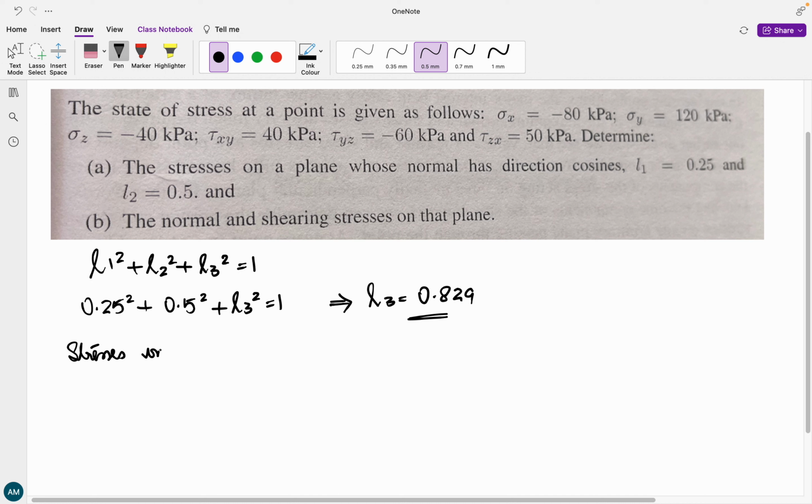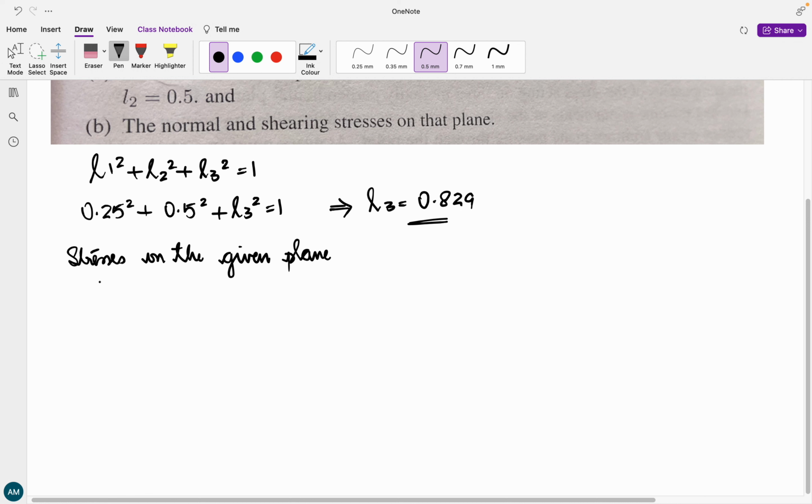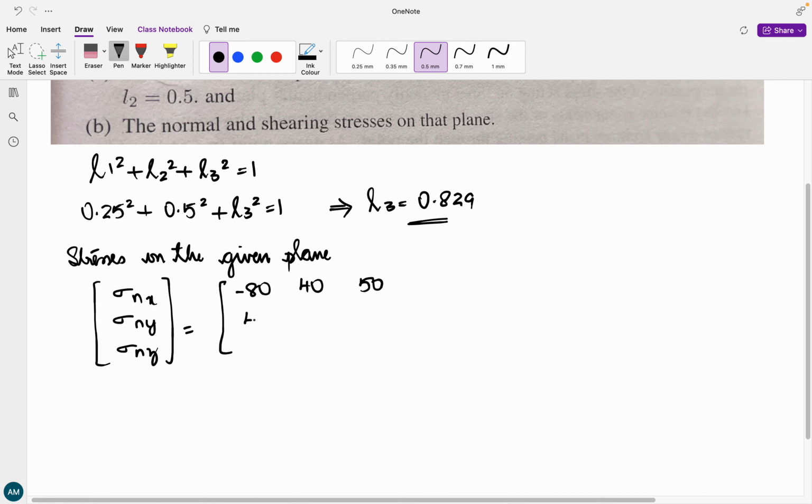the stresses on the given plane. Okay. So, we know that sigma nx, sigma ny, sigma nz is equal to the values that they have given: sigma x, tau xy, tau xz, then tau yx, then sigma y, tau yz, then tau zx, tau zy, sigma z.